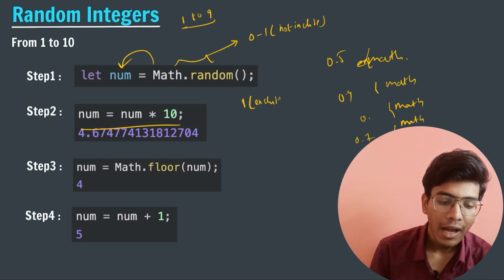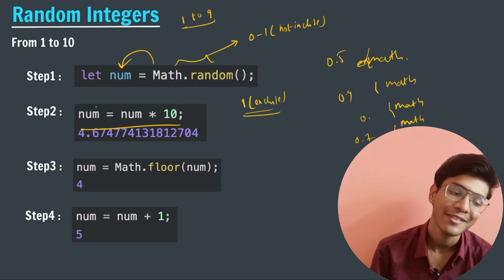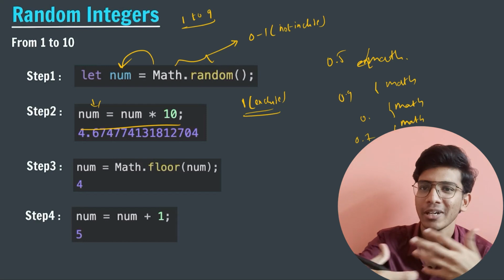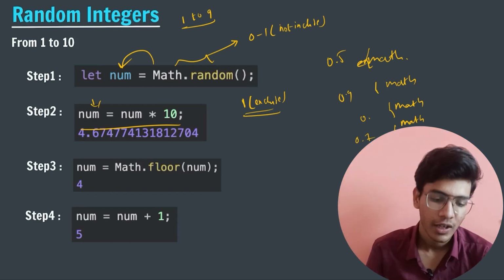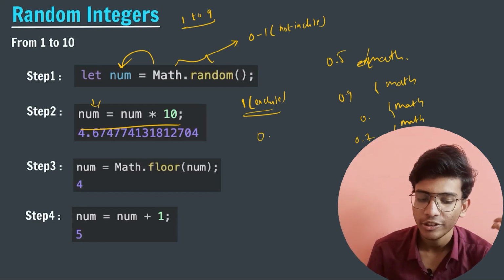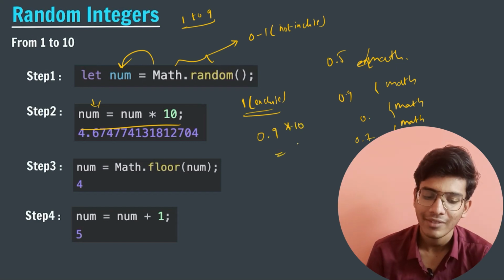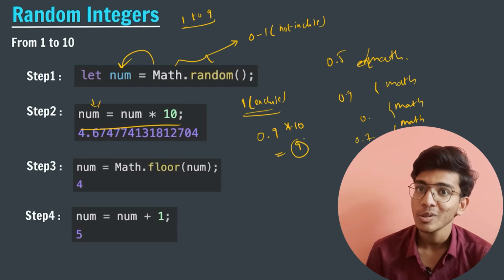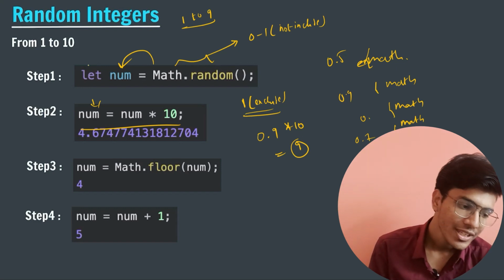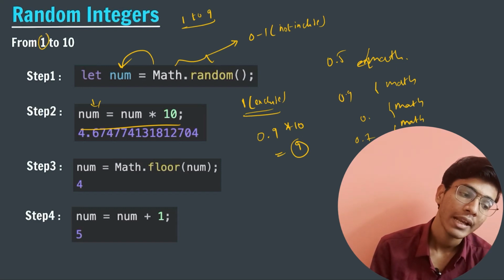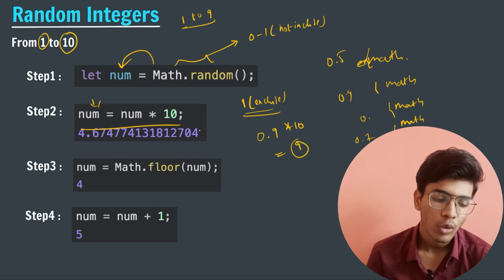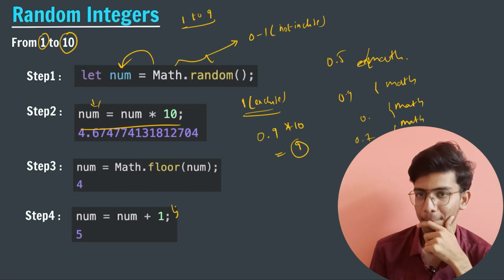So if we don't have 1, then how can we get the value 10? We are basically multiplying with 10. For example, let's say my generated value is 0.9, and if I multiply it with 10, I will get the value 9. So in order to get a value range which includes 1 as well as 10, we have to add 1 to it.